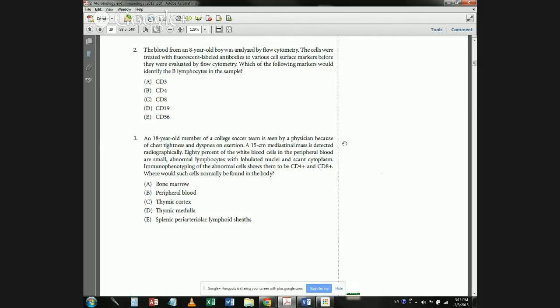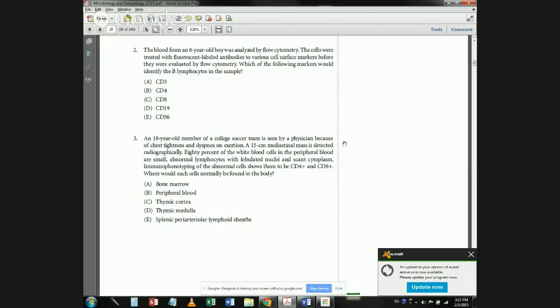Yikes. 80% of the white blood cells in the peripheral blood are small, abnormal lymphocytes, with lobulated nuclei and scant cytoplasm. They are lymphocytes, but they're really small. I'm thinking we're talking about a natural killer cell, maybe.